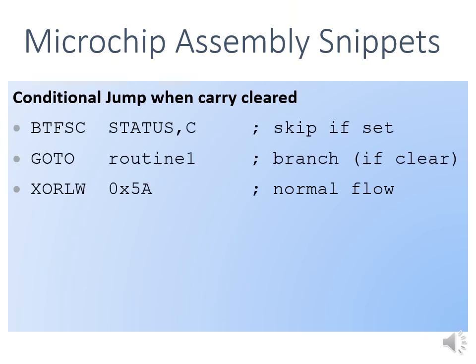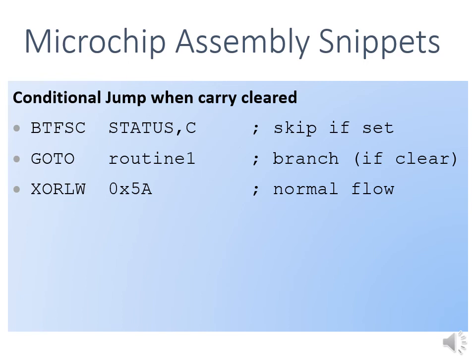Let's look at some important Microchip assembly code snippets. The first snippet can be used to effect a conditional jump depending on the state of a flag. In this case, we're using the example of a conditional jump to the label routine1 when the carry is cleared.